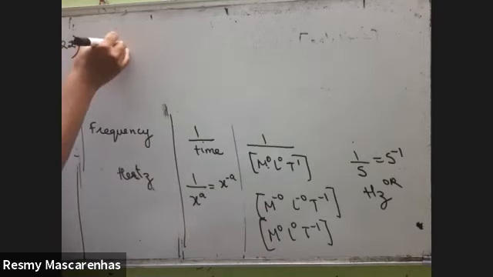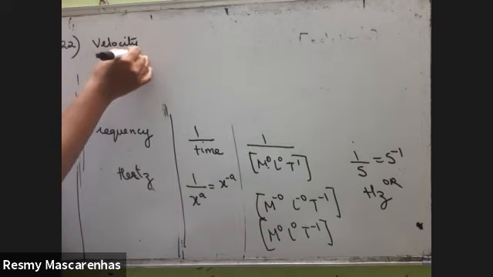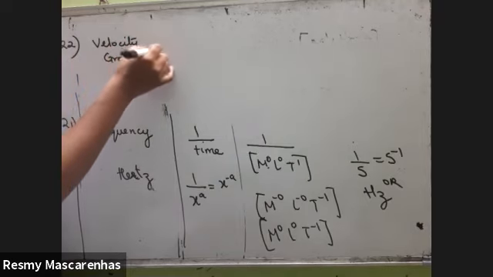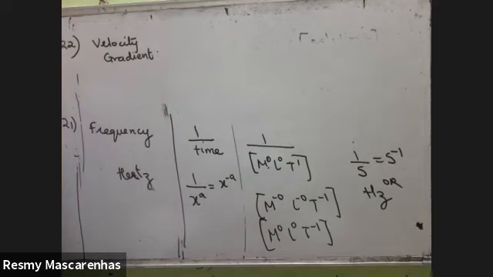Velocity gradient. Velocity gradient means how much the velocity has been changing within a small distance.